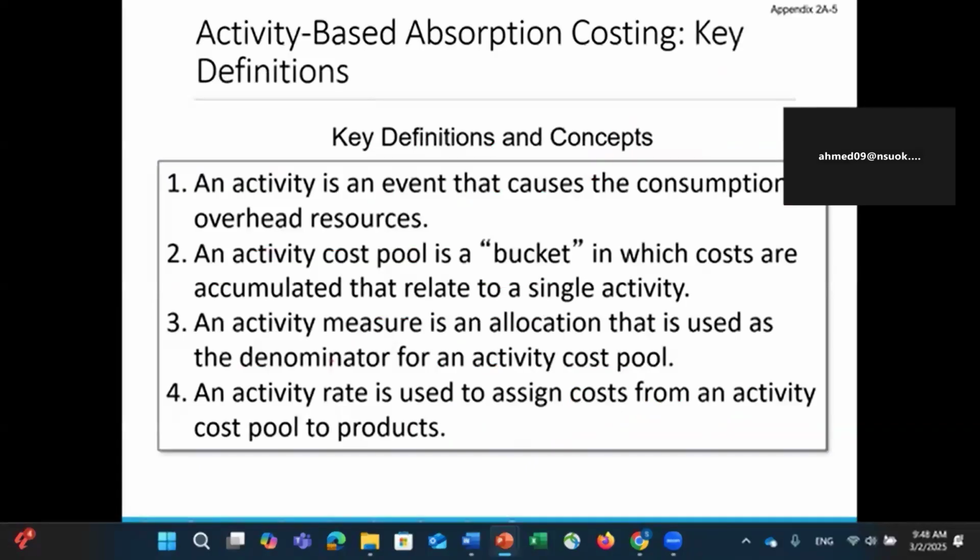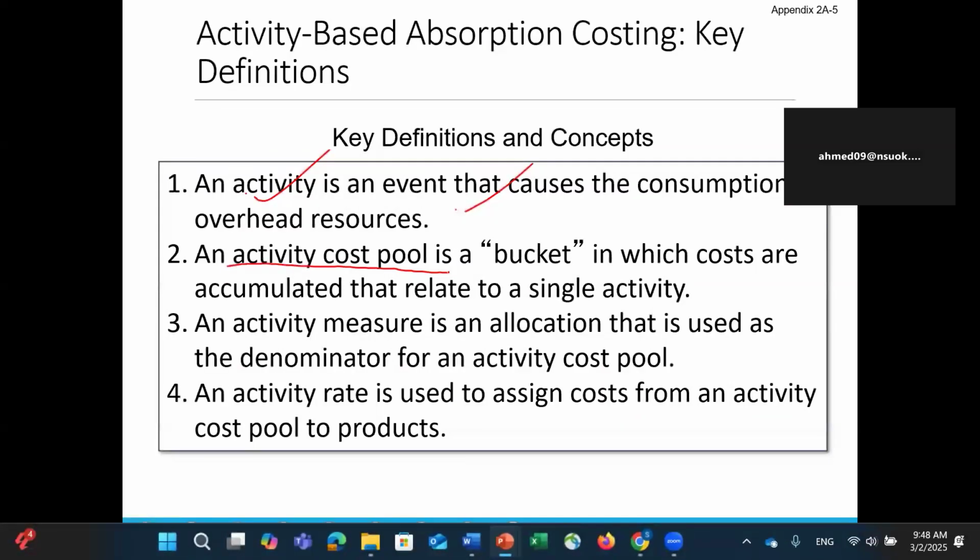These are key definitions that we already talked about. What is activity? It is what consumes overhead resources. What is the activity cost pool that we already talked about? It is the aggregate of all costs, in which all costs accumulated relate to a single activity.